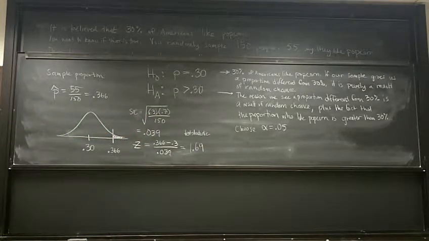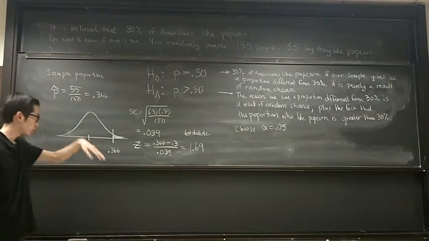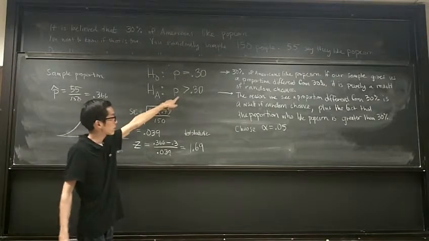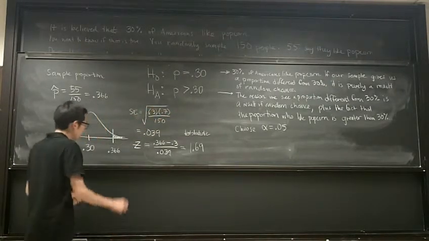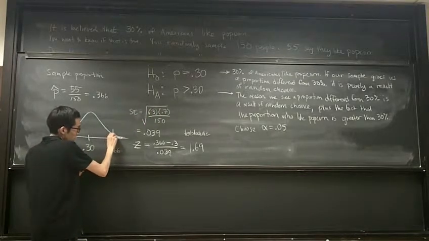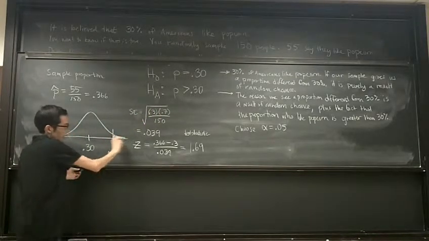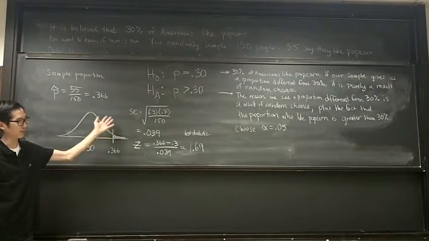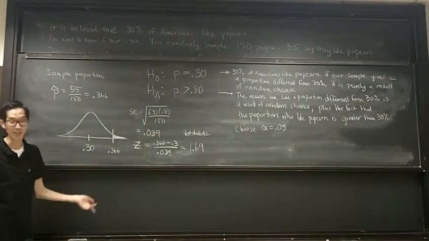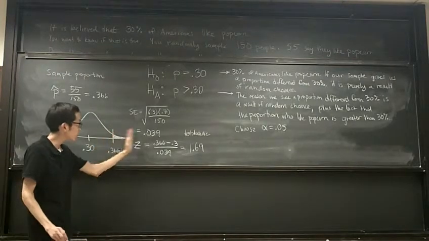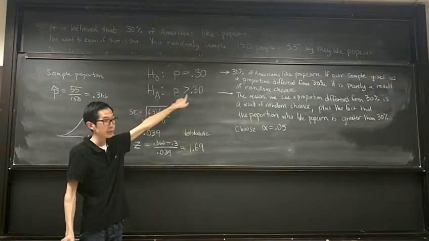What is the p-value? You go to your normal table, and because this is greater than 30%, because it's a greater than, we go only above the cutoff line, to the right. We go to the right because it says p greater than.